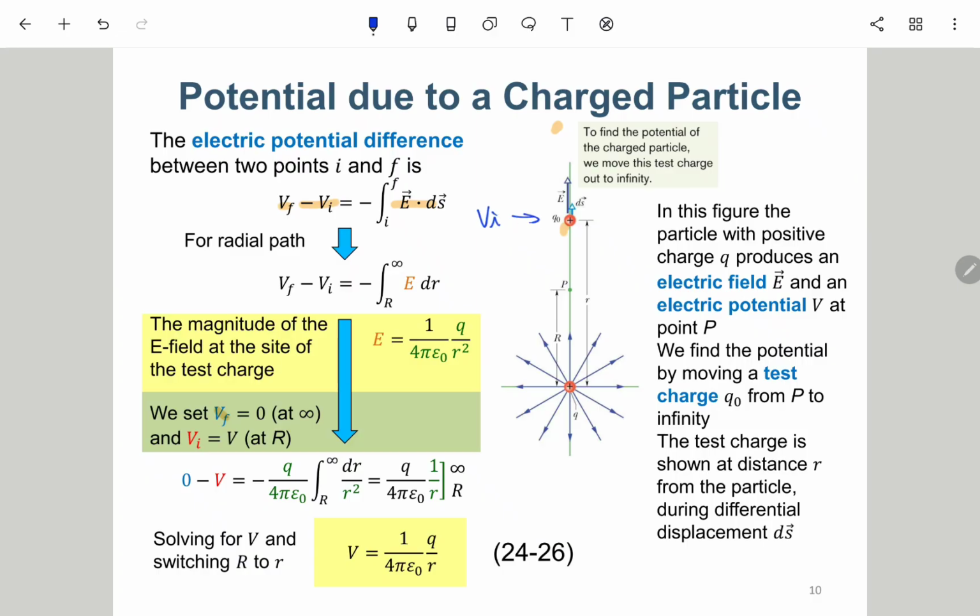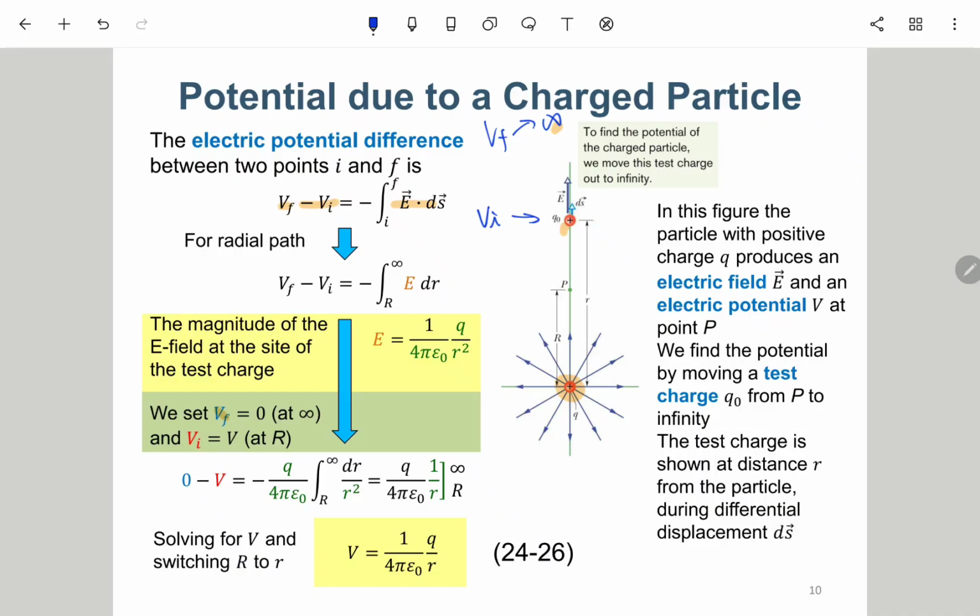The point charge is here, and we would like to see the potential generated by that one. Vf is at infinitely far away, so we try to move the charge from that point to there.